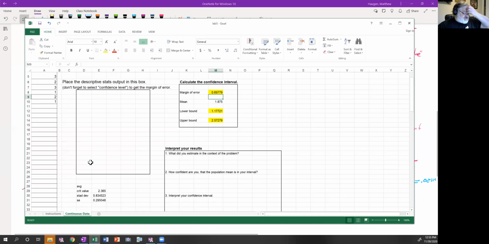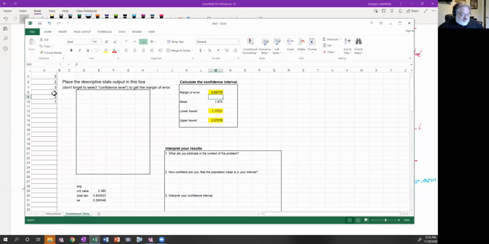Now, the data analysis tool does have a confidence level tool in it. The problem with that confidence level tool is it works for 95% confidence intervals and nothing else. And that's the problem with that data analysis tool or that big descriptive statistics tool for anything. It gives you what it gives you and there's no flexibility. Fair?